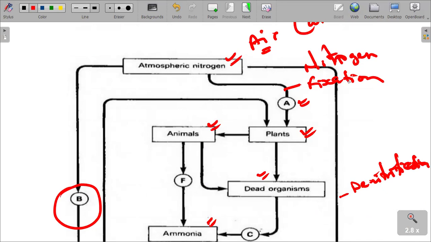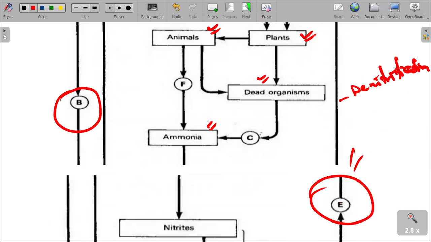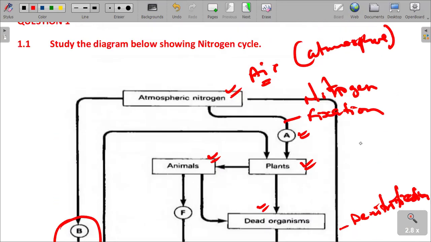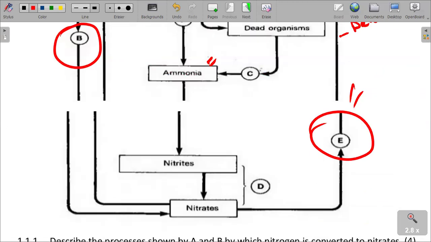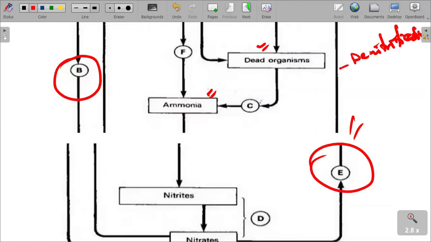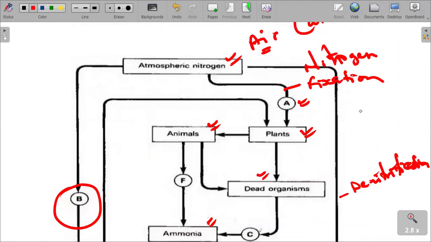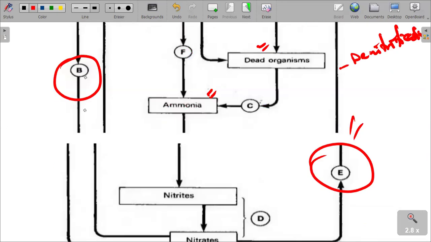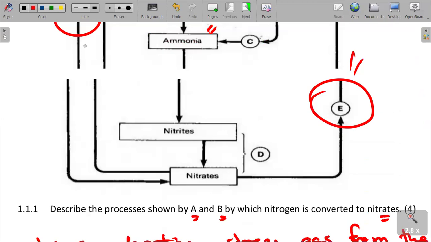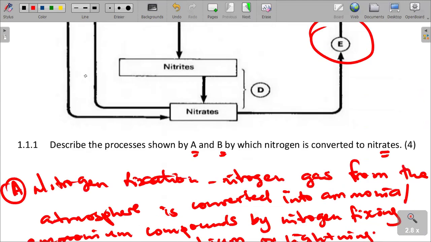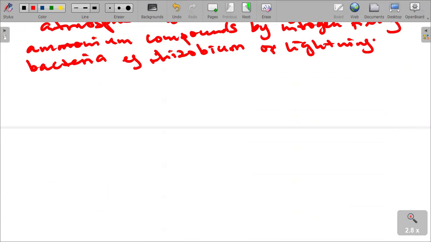Nitrogen fixation is shown by A. And then B, we are saying B represents the process where atmospheric nitrogen is also converted into nitrites. So what is B?